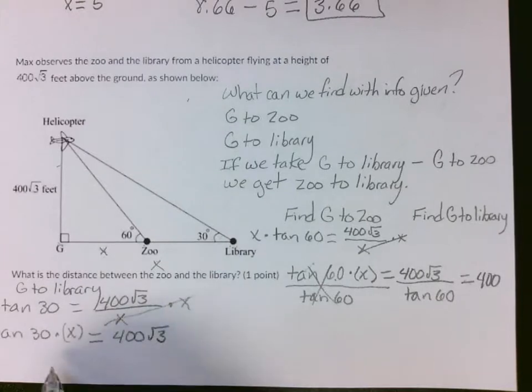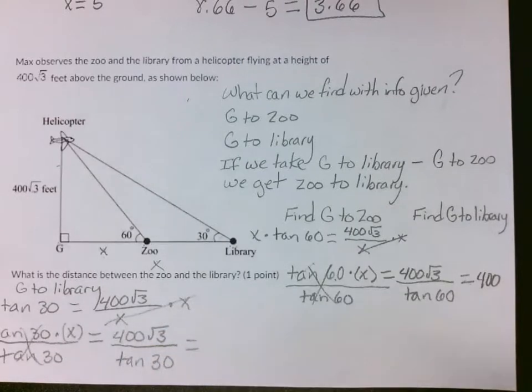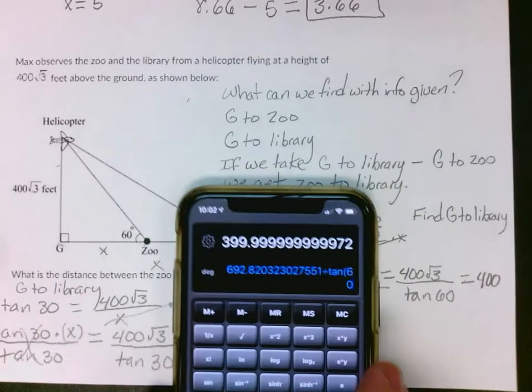Okay. Now, we go to the side of the x, and then do the opposite of what it says. Times, so we divide. Tangent of 30, that cancels. We got to take this divided by tangent of 30. So again, we grab the calculator.